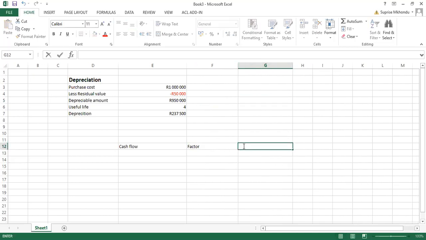This will be the factor. This will be the present value, PV. This will be your net present value. Let me just write it in full. Net present value.